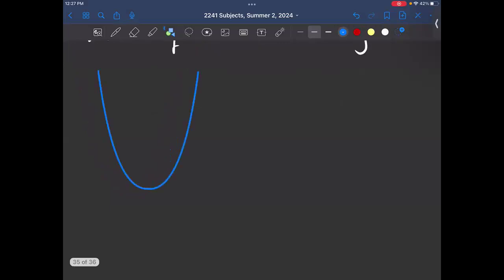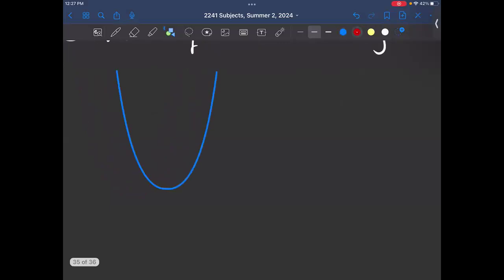Okay, so here's our parabola, and our osculating circle is going to have to be tangent to the curve right there at the origin. And so we want the radius, which is going to be the distance from the origin to that center point.